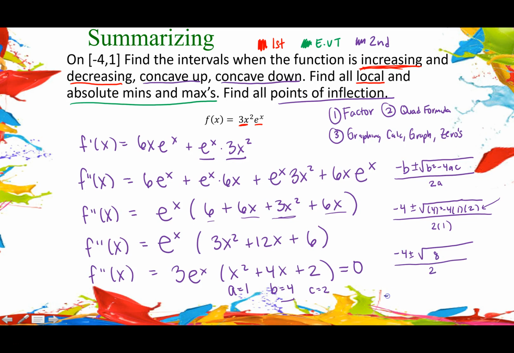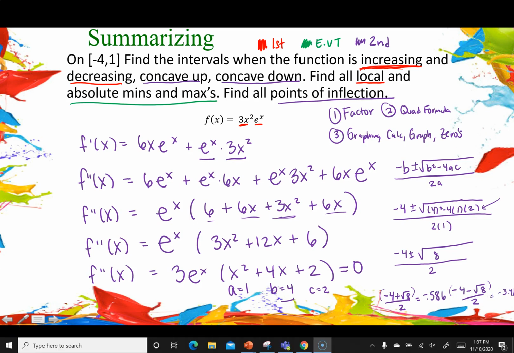I'm going to get a negative 4 plus the square root of 8 divided by 2, and then I'm going to have negative 4 minus the square root of 8 divided by 2. Make sure, ladies and gentlemen, you put parentheses, or else your calculator is going to get confused. Let's get those answers. Okay, I get a negative 0.586 and a negative 3.41.